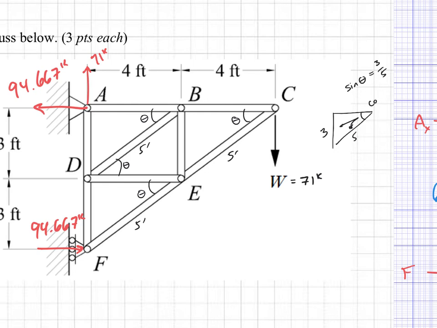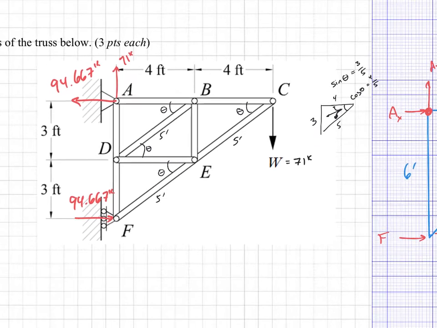Everywhere I'm tempted to write the cosine of theta, I'm going to use the adjacent 4 over the hypotenuse, 5. If you want to solve for that angle and then use it, you may. If you solve for that angle, you're going to get something like 36.870 or something. I can't remember. But I'm going to use 3/5 and 4/5 because it's more accurate. It means I don't have to worry about 5 sig figs, right?